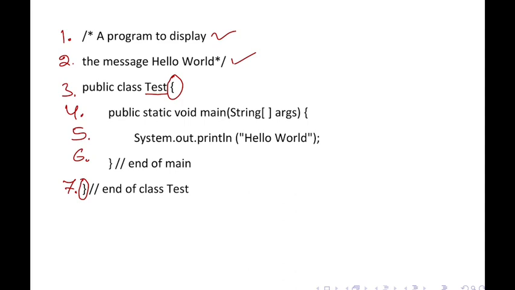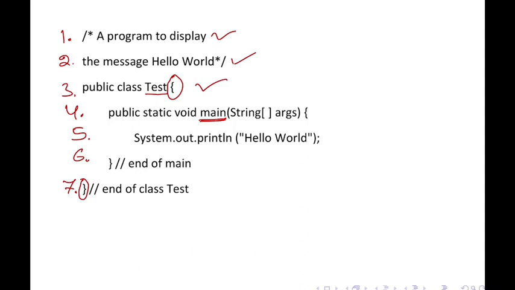Okay, so now we have completed line number 3. Now move to line number 4. So line 4 begins the main method. So here the main method is written. So this is the line at which the program will begin its execution.